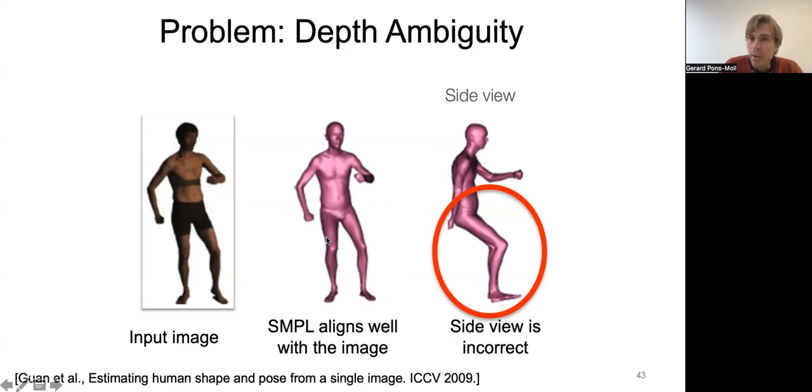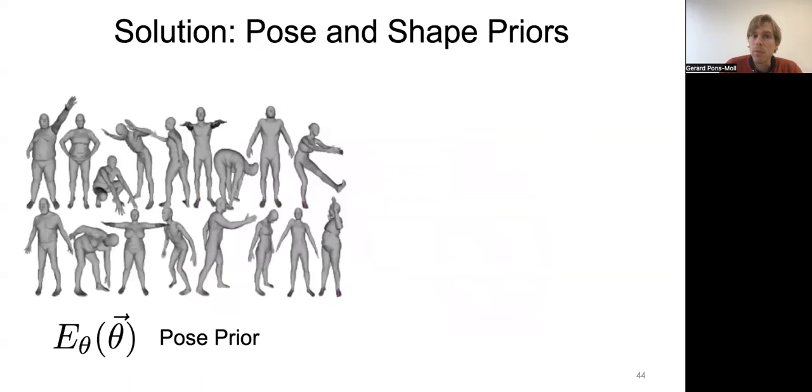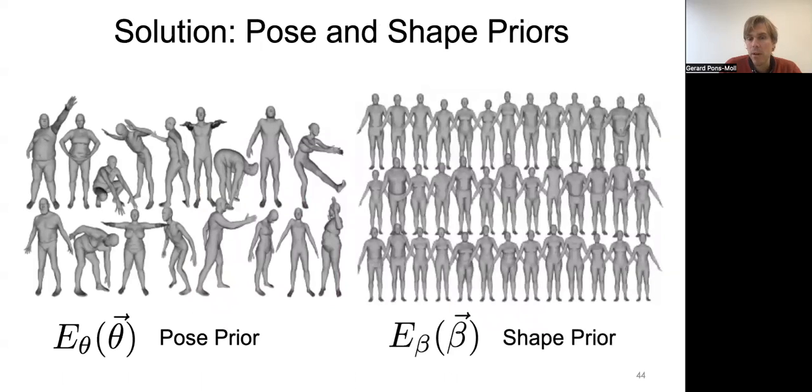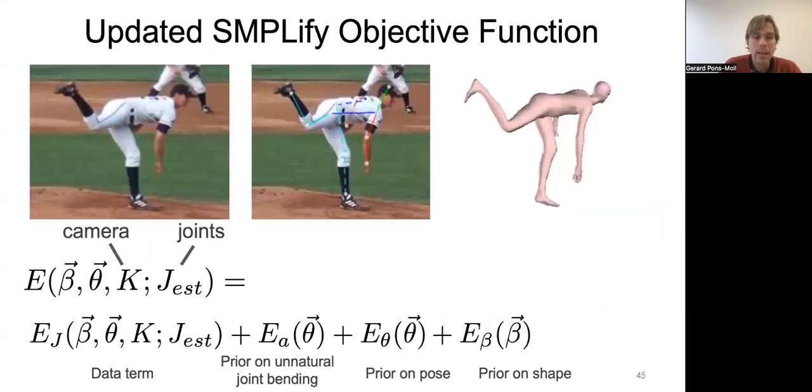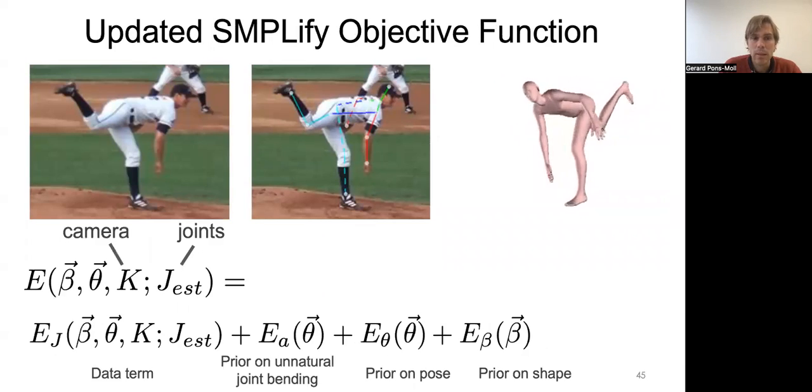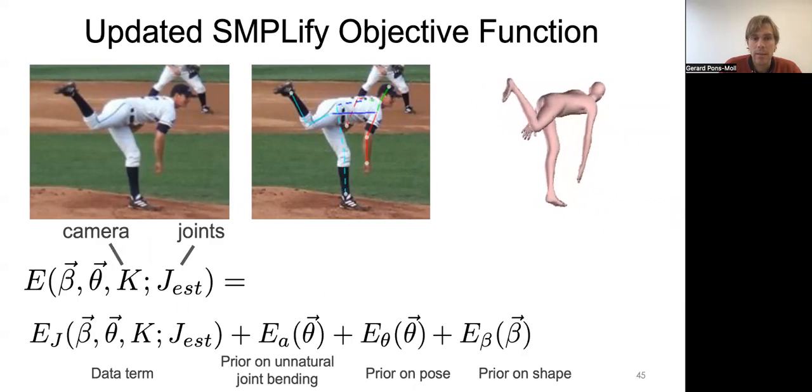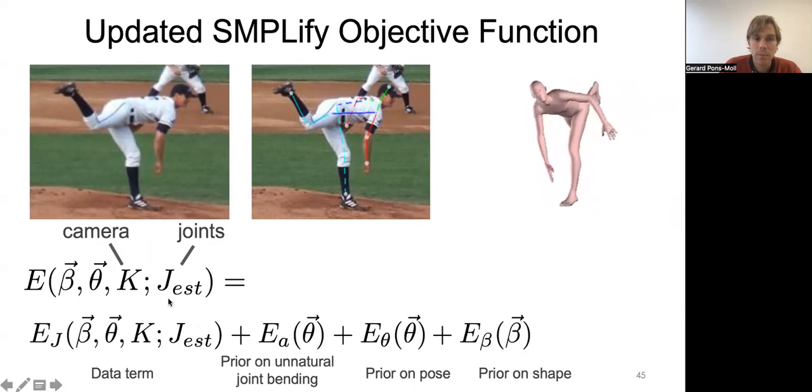So, okay, we can ameliorate some of these ambiguities by using priors on the pose and shape, as what we did for 3D registration. So we can build a pose prior from a data set of human poses, and we can build the shape prior basically from the shape training data set that was used to build the SMPL model. And this will lead to these errors that consist of a data term.